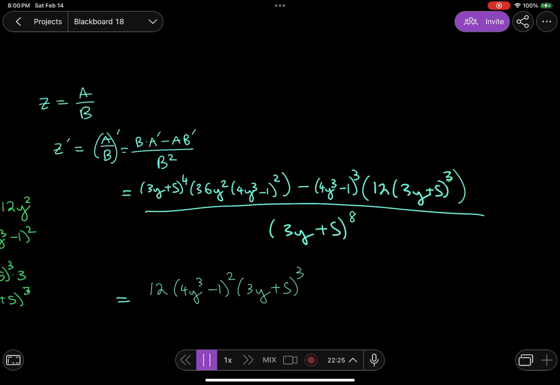That's in common. And what's left, let's check this out. So I still have a 3, because I factored out a 12, and I still have a y squared. And I still have one of these things. So it's going to be 3y squared. And then I have one of the 3y plus 5s.